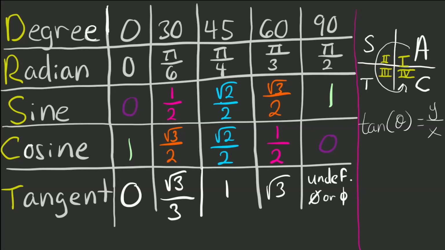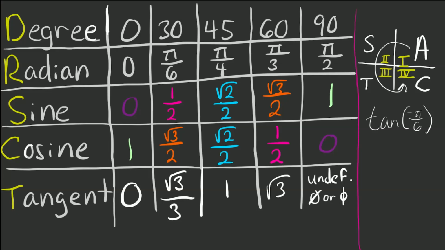All right, so now let's just practice a little bit here. Let's say I want to do tangent of negative pi over 6. So if it was positive pi over 6, we would just go to pi over 6 on our chart and find tangent there. But it's not quite that simple, because this time it's negative pi over 6.